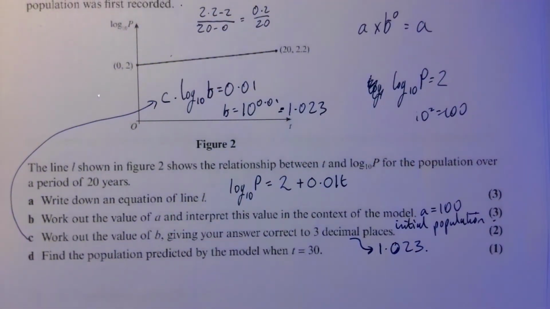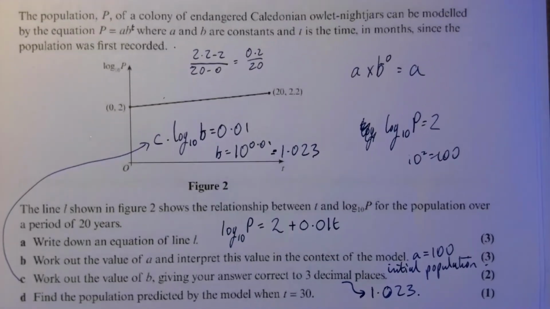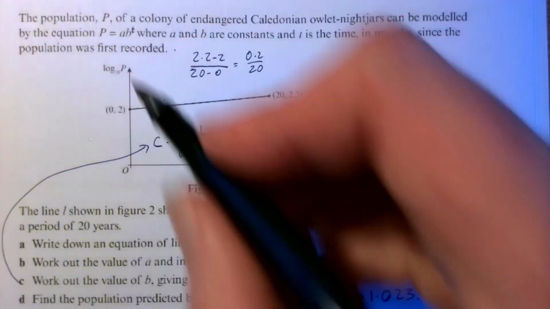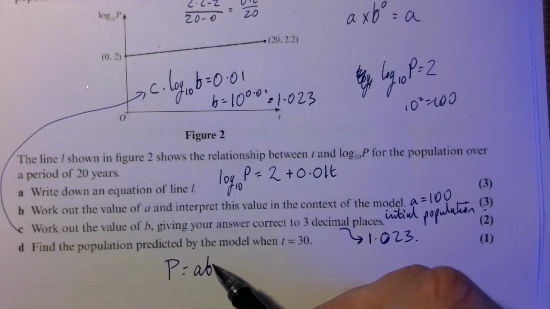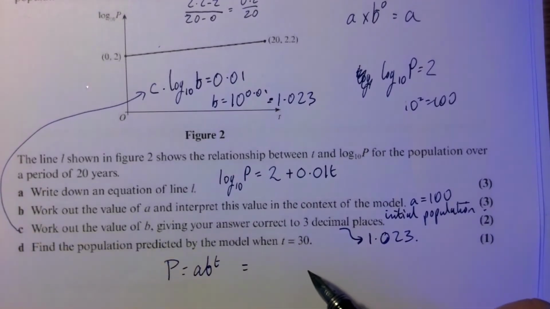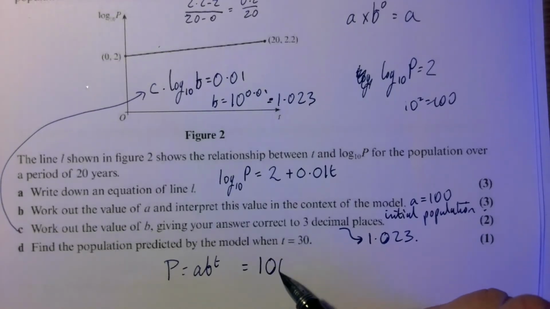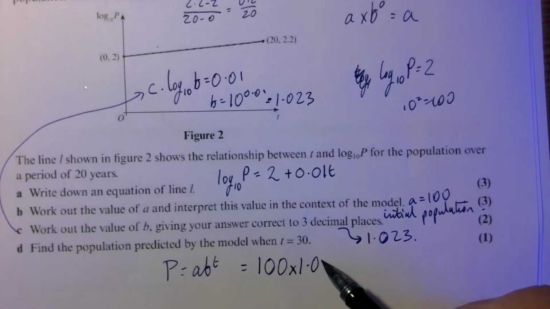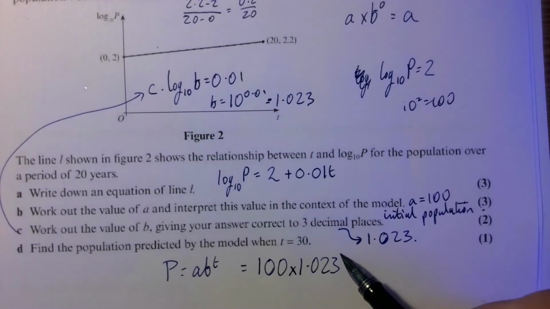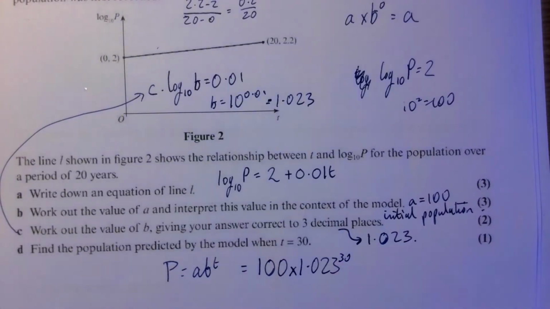And finally, finding the prediction predicted by the model. Well, the model is P equals ab to the power t. We now know that the population is 100 initially, so it's 100 times b, which is 1.023, to the power t, and time, we're talking about 30 months later. So that's what you whack into the calculator.